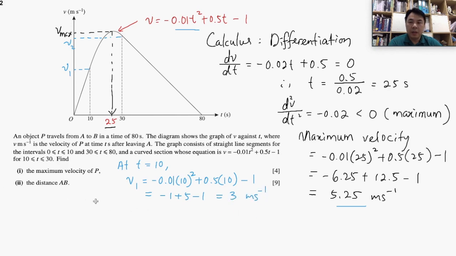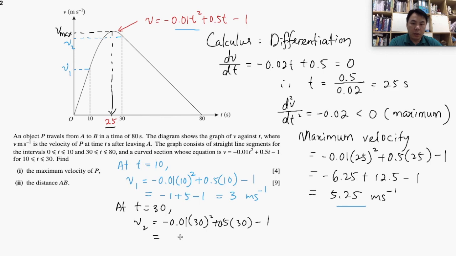Okay, and then at t equal to 30, v2 is equal to negative 0.01 times 30 squared plus 0.5 times 30 minus 1 there.